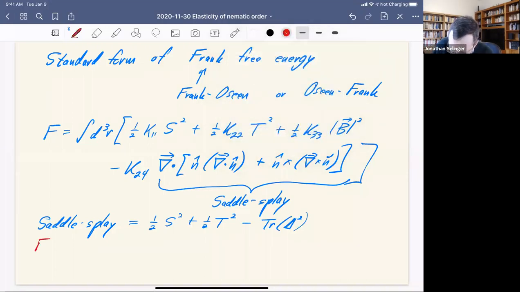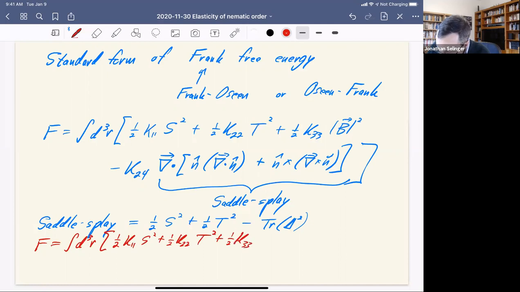We get that the free energy is this integral of 1/2 K11 splay squared plus 1/2 K22 twist squared plus 1/2 K33 bend squared minus K24 times this combination of things: splay squared plus 1/2 twist squared minus the trace of delta squared.